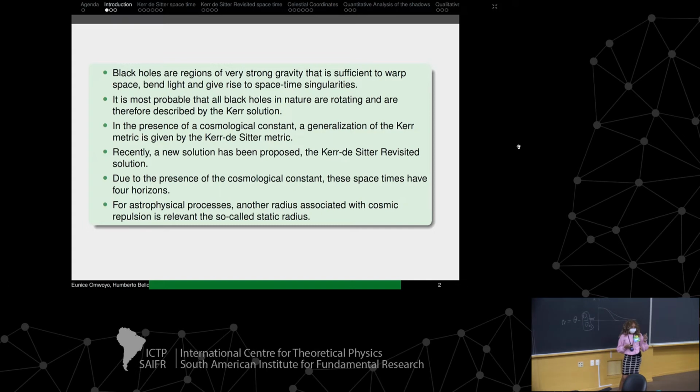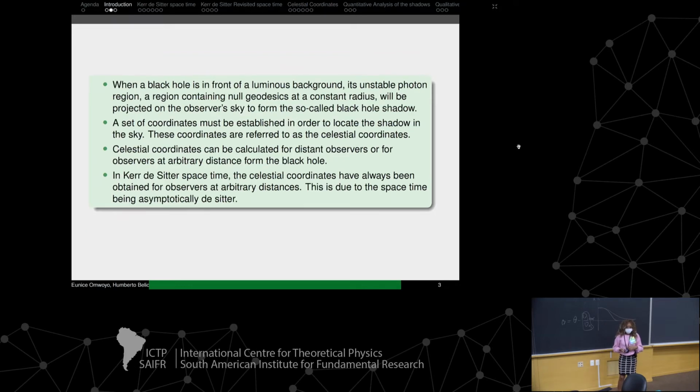These are the cosmological horizon, the event horizon, the Cauchy horizon, and the dual of the cosmological horizon. For astrophysically relevant phenomena, another radius comes up, which is called the static radius, and this radius is going to be important to our work. It's the interest of this work.